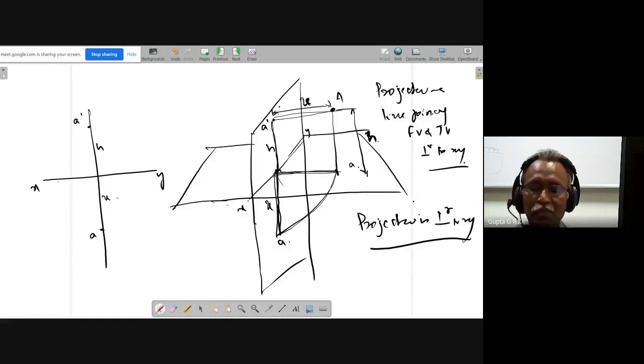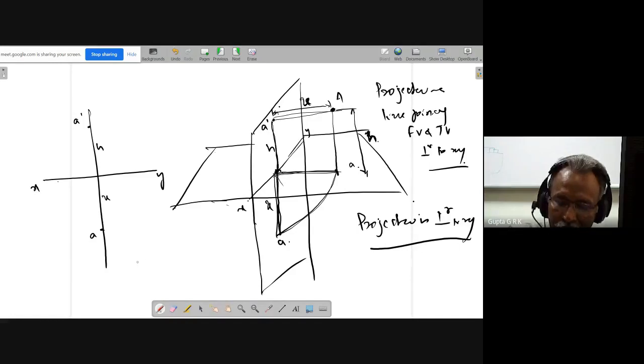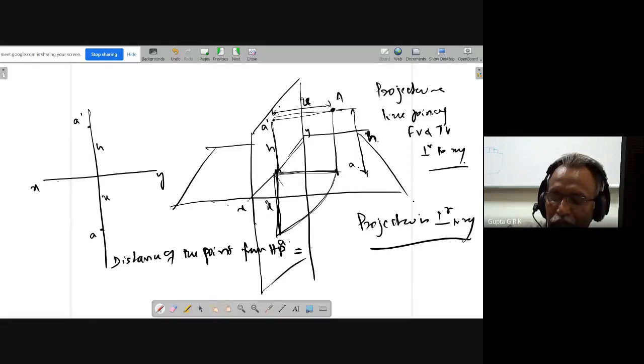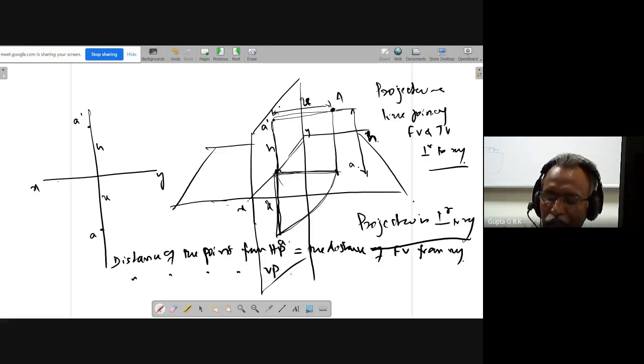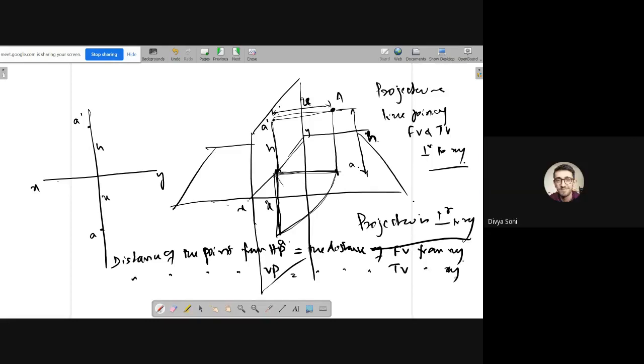So from here, the distance of the point from HP is equal to the distance of the front view from XY. Similarly, the distance of the point from VP is equal to the distance of the top view from XY.